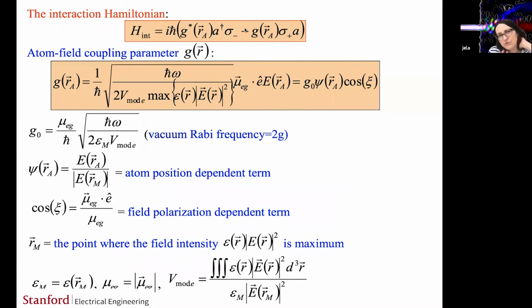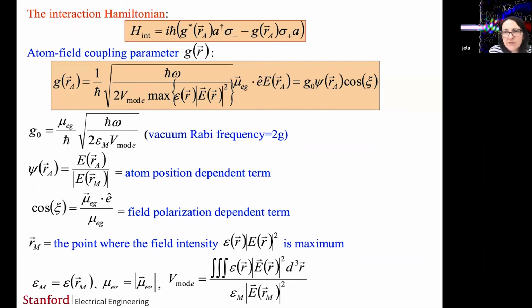Okay, so we have the interaction Hamiltonian, right? Of course, don't forget that you also have atomic and field Hamiltonians, which describe the atom and field that are not interacting. And in this interaction Hamiltonian, the atom field coupling parameter is everything other than these operators and H bar. This atom field coupling parameter G is often written as a product of three terms. G naught is the maximum value that it can have, so it's basically this prefactor.